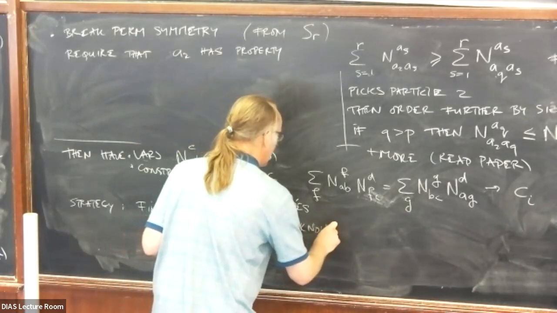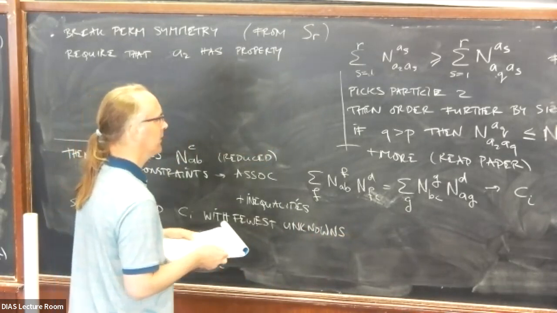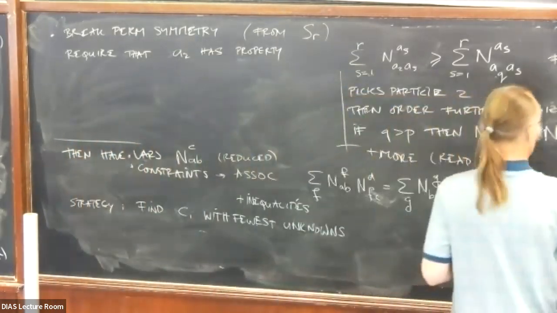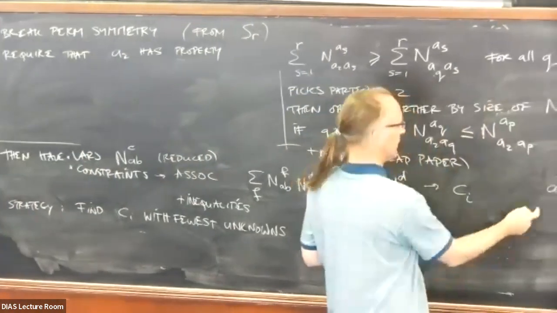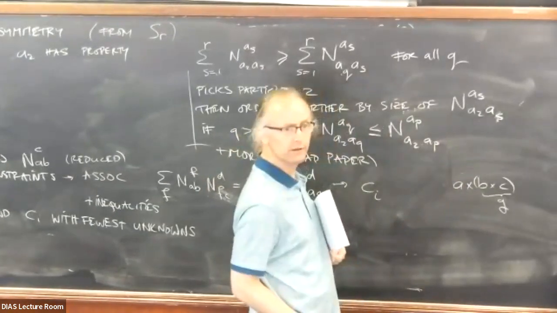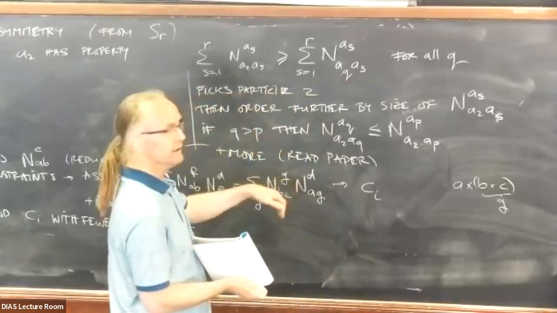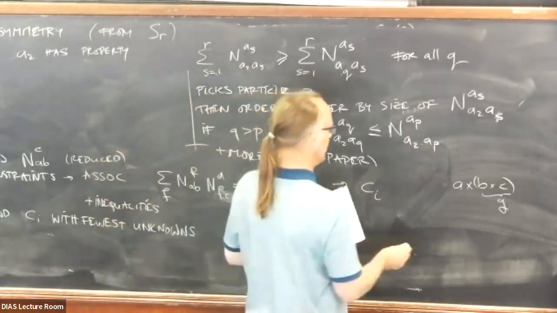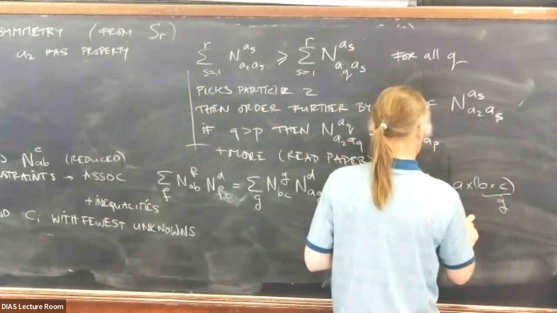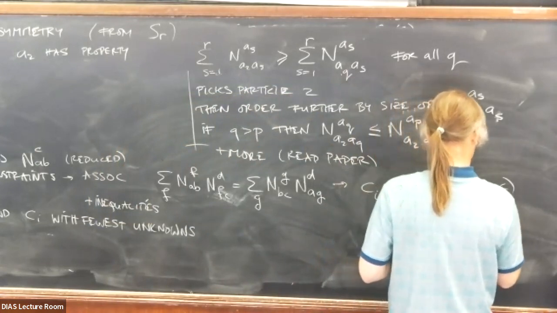Why is it N_AG rather than AGA in that last thing? Well, A times B times C, these go together to G, and then A and G go together to D. So this would be the sum of N_BC^G times N_AG^D.